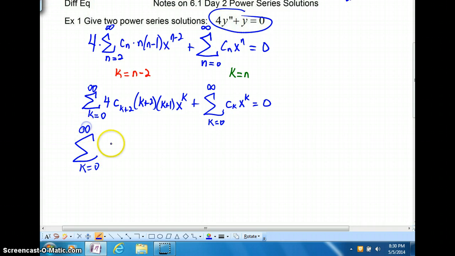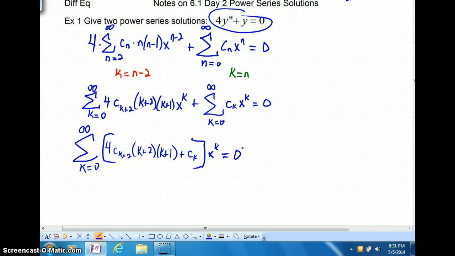Making a quick adjustment, we'd have 4 c sub k plus 2 times k plus 2 times k plus 1. I'm also going to simultaneously factor an x to the k out from all of this, and very nicely we have this equal to 0.